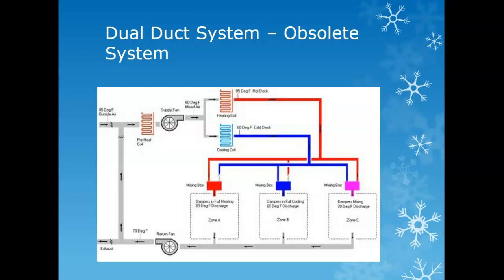However, if you start pushing more hot air than cold air, you're going to broil the people inside the area. So this is not something that's done anymore. You'll find it in older buildings because they thought that was the efficient way to do things. It's not. You really want to know the truth.